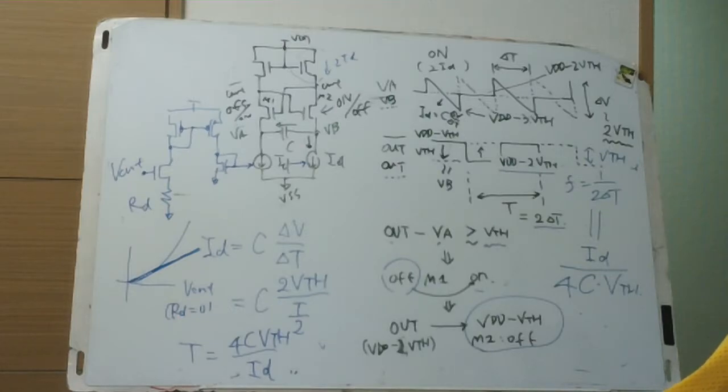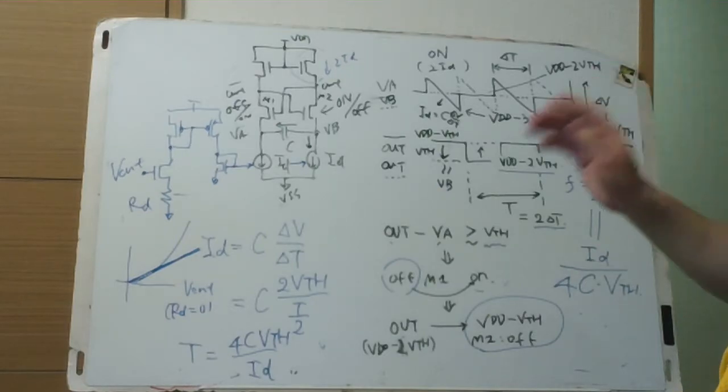The swing of the output is peak to peak of VTH, and the alternating discharging nodes VA and VB are peak to peak of 2 VTH.